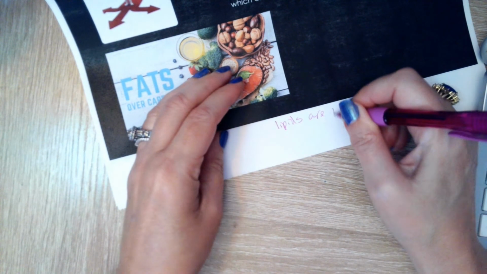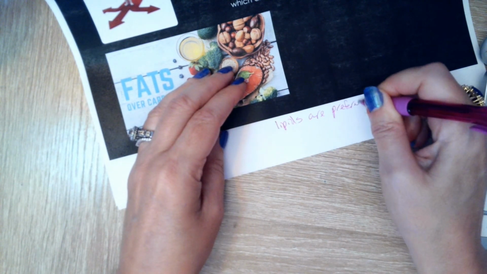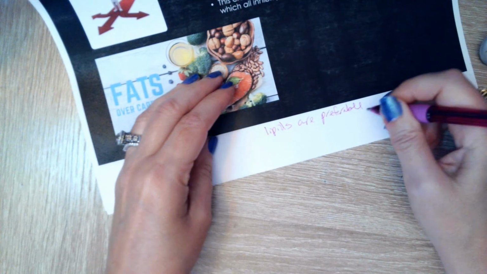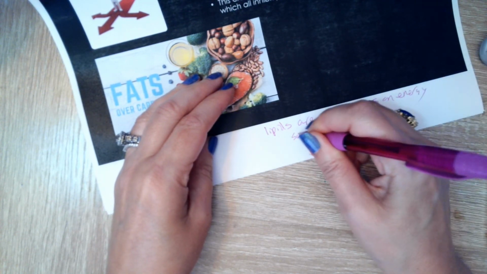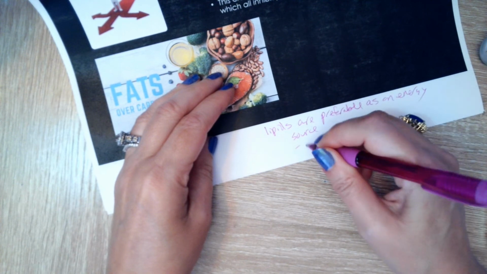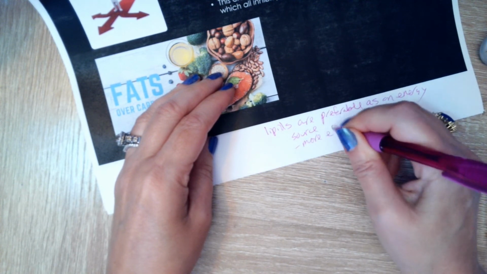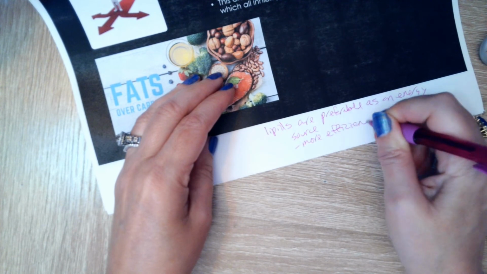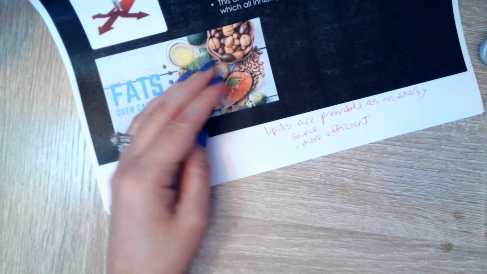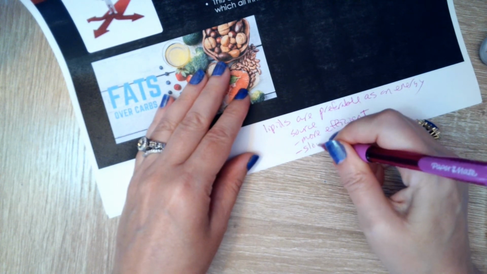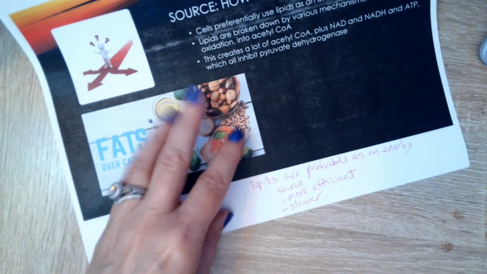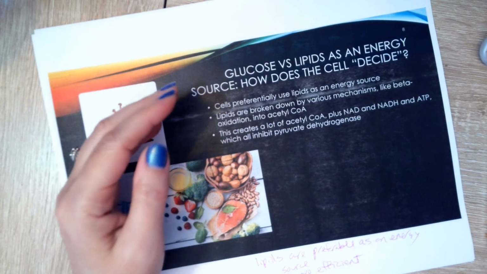So lipids are preferable as an energy source. They're more efficient, so you get more energy for each carbon of lipid versus a carbon of carbohydrate, but they are slower. It takes longer to get the energy out of the lipids.